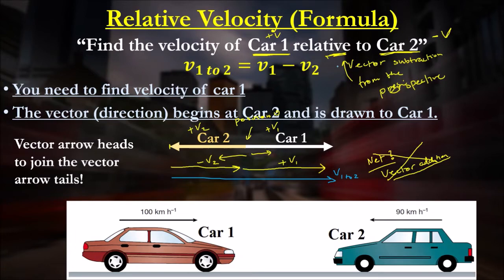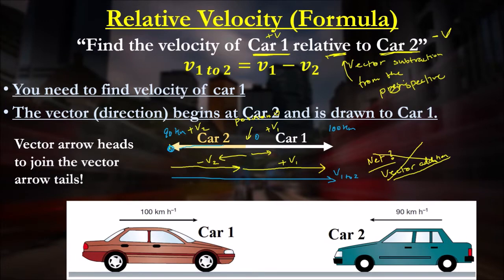You could also interpret it as you have this center point here, and because this is in kilometers per hour, you can imagine starting at position 0, after 1 hour, car 2 is 90 kilometers this way, car 1 is 100 kilometers this way. So based on the perspective of car 2, this is where car 2 is now.